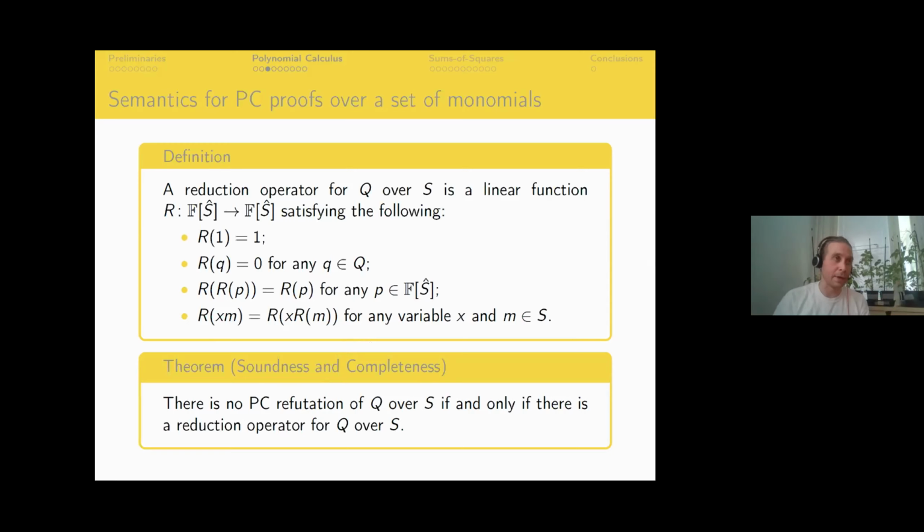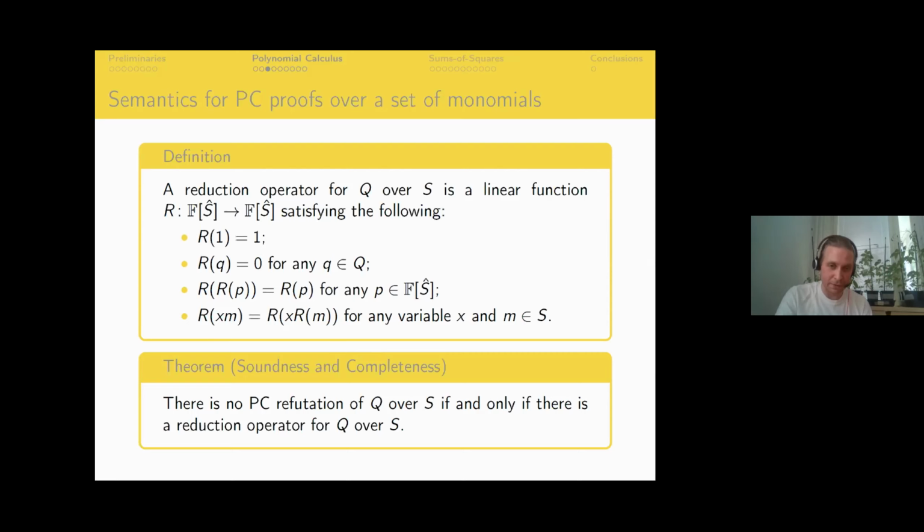It's just an induction on the proof, starting from the leaves down to the root, and in the end you get a contradiction, basically showing that every element in the proof gets the value 0. So in the end you get a contradiction with the first item here. And the completeness, on the other hand, is just like a remainder operator, basically.